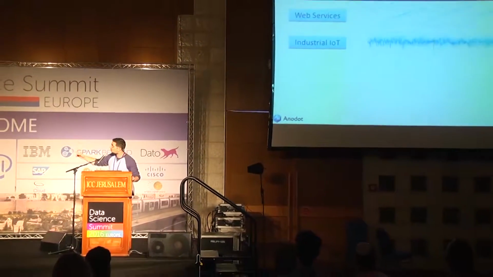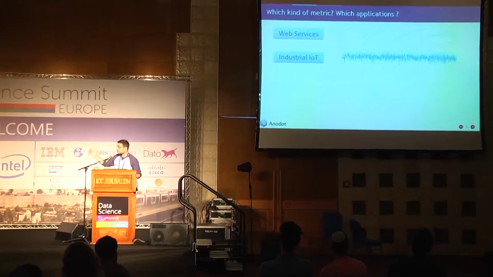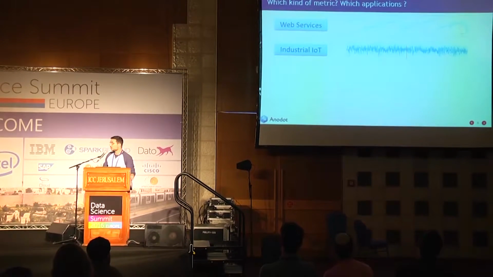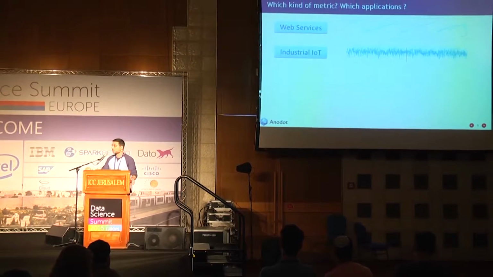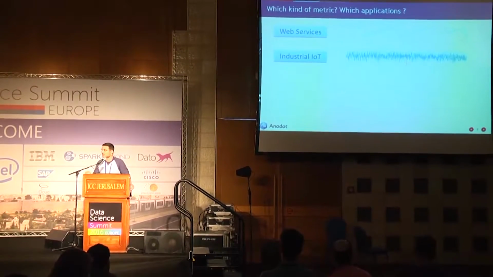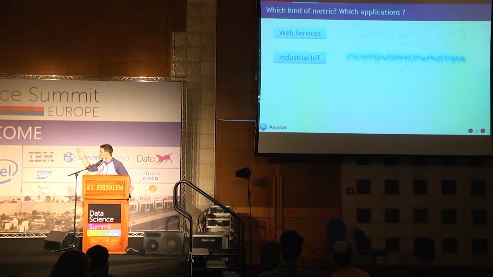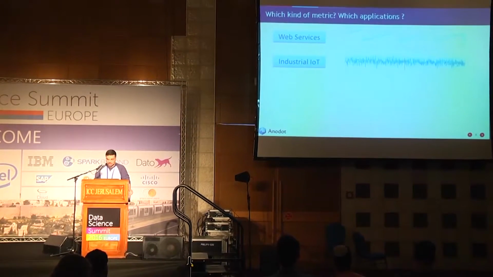I will explain what an abnormal state is later. Another example is a time series that came from IoT. This is the temperature in a factory. In some industrial processes, the temperature needs to be very controlled. So this is another example of the kinds of time series we have.